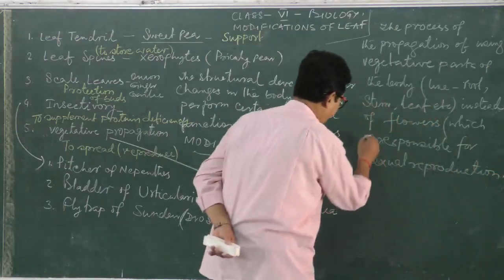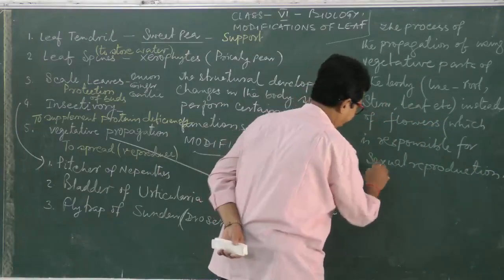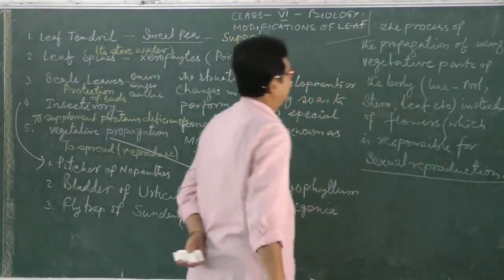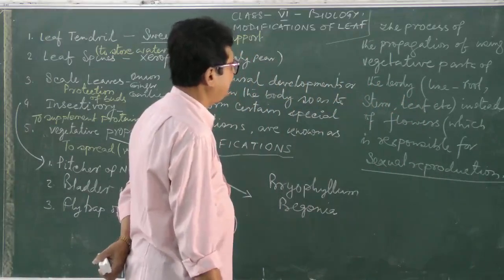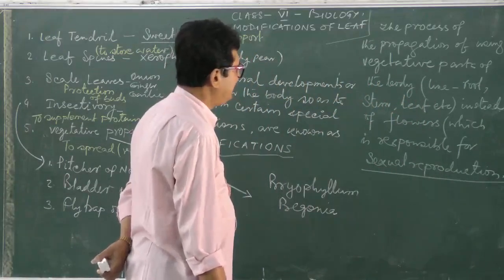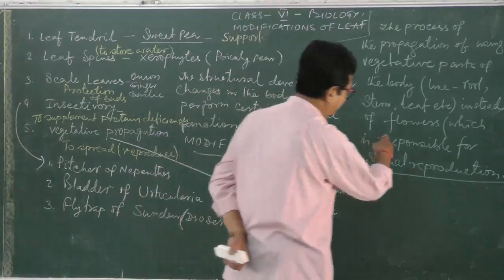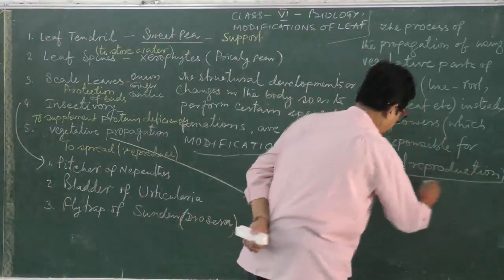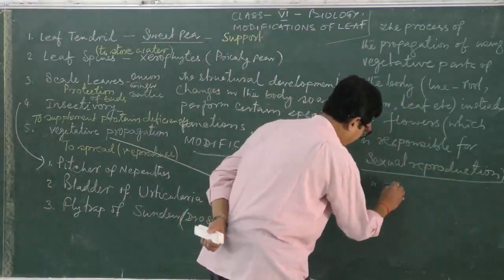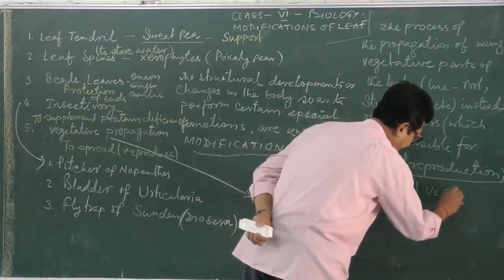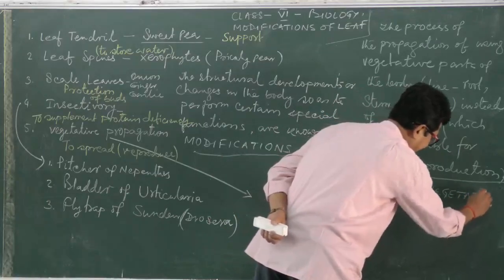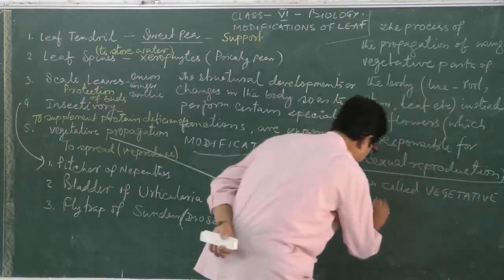This one is our topic in the next chapter. So the process of propagation using the vegetative parts of the body, especially the root, stem, leaf, etc., instead of the flower, which is responsible for this, is called vegetative propagation.